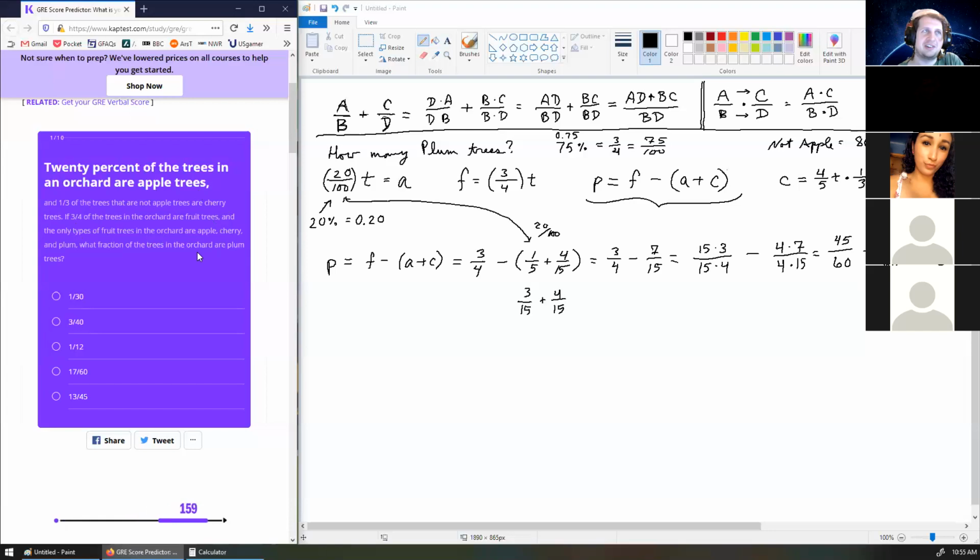So many of these are cherry trees. And that's all information that you need. But you can get very lost figuring out what the question is asking you to find. And that's just a skill that you kind of have to pick up by doing these questions.